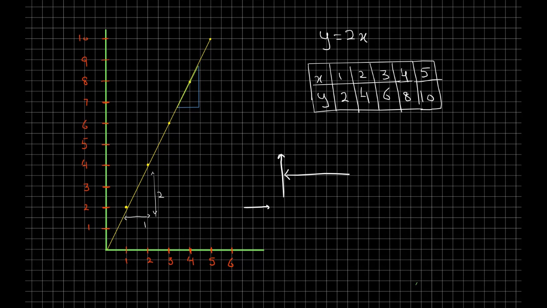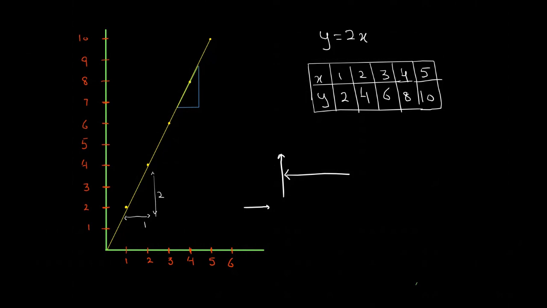Now, let's look at the line y equal to 2x. So now let's look at what y equal to 2x looks like. Not the line, but what does y equal to 2x look like? So let me get rid of the background and erase this. And now let's look at y equal to 2x. Let's pick any point, okay? So pick a point x naught. If I pick a point x naught, then I know that y naught is going to be equal to 2x naught.